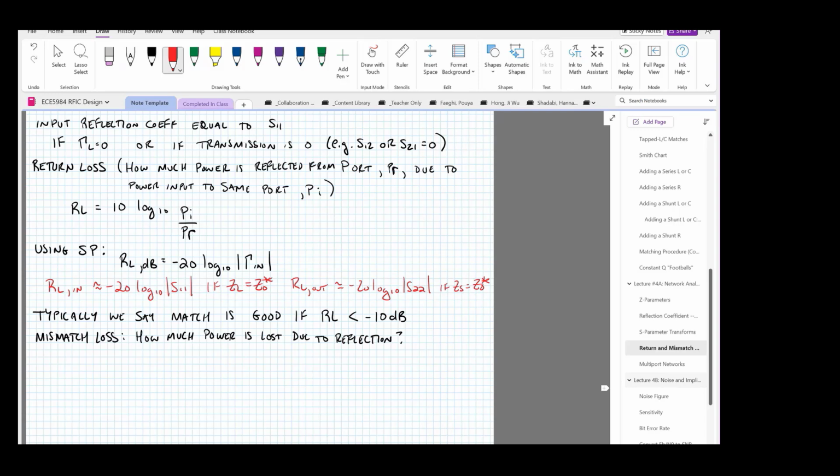So if the load impedance is more or less equal to the complex conjugate of the characteristic impedance, then we can say return loss is approximately 20 log 10 of S11 at the input, approximately minus 20 log 10 of S22 at the output.